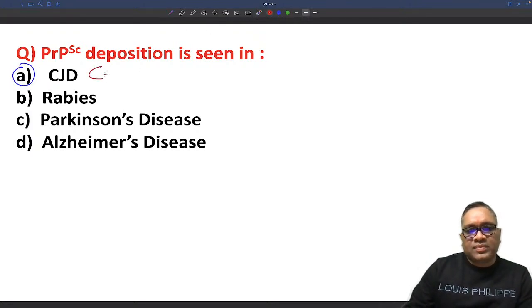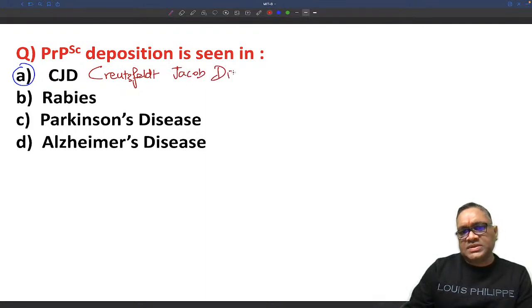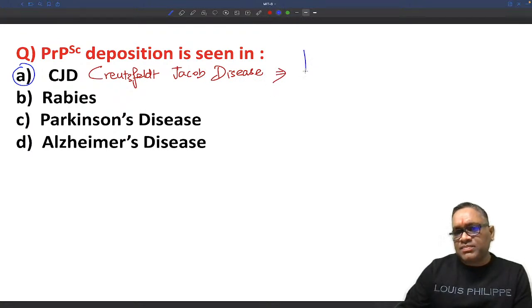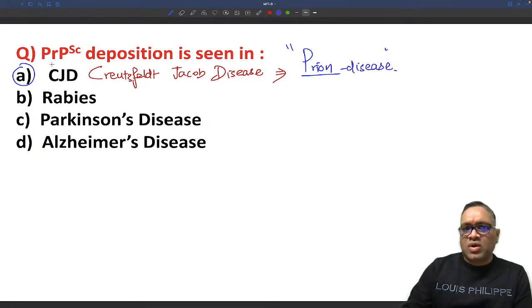Creutzfeldt-Jakob disease is an example of prion disease, right? PrPSc is the abnormal prion protein.